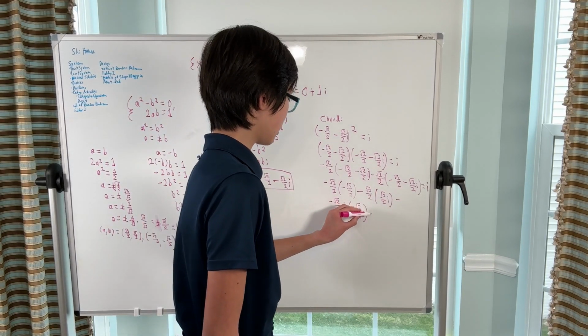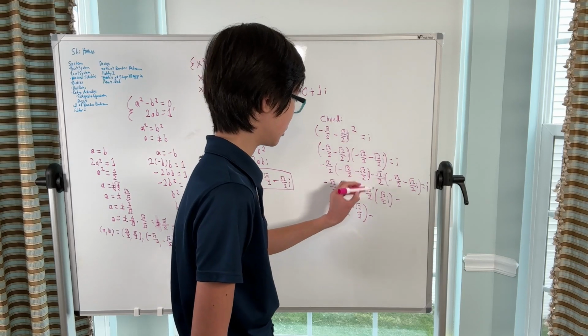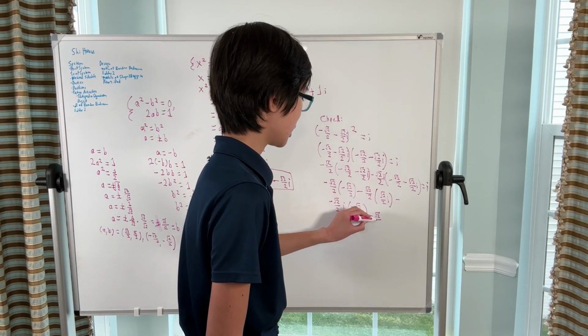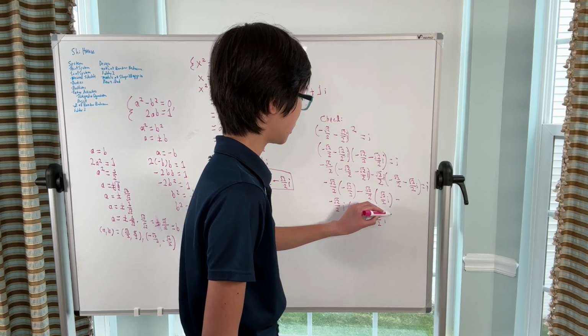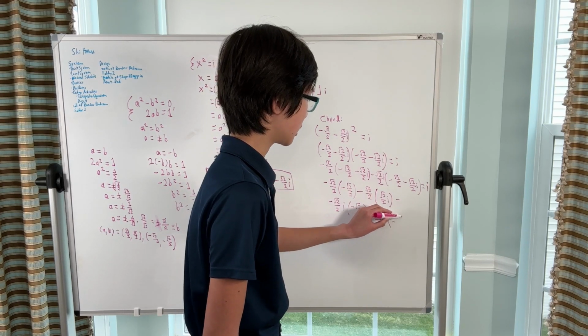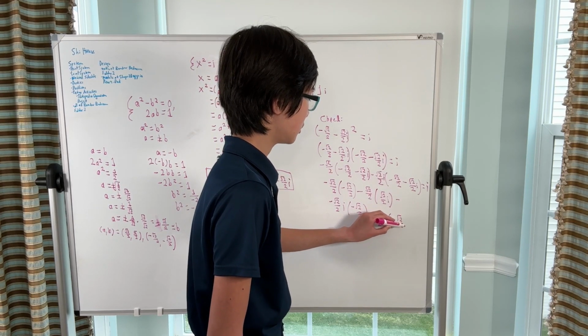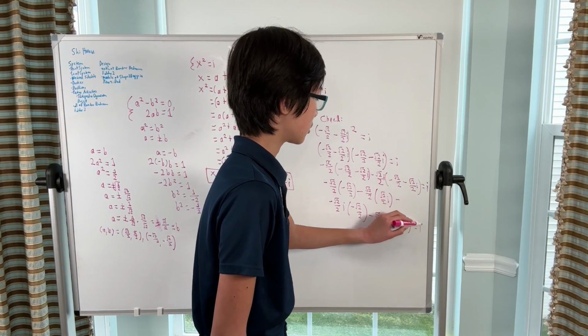And then you subtract again negative square root of 2 over 2 i times negative square root of 2 over 2 i, and all of this equals i.